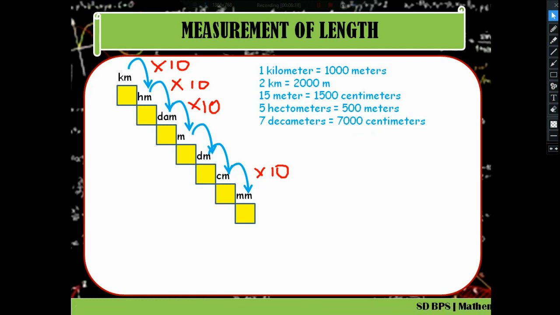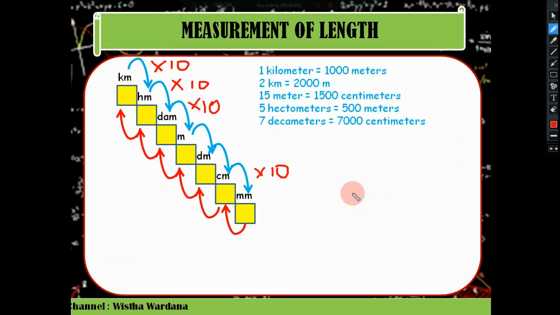In other words, if you move up one step from one measurement to another, you have to divide the measure by 10. Like this one: from millimeter to centimeter, you divide by 10.